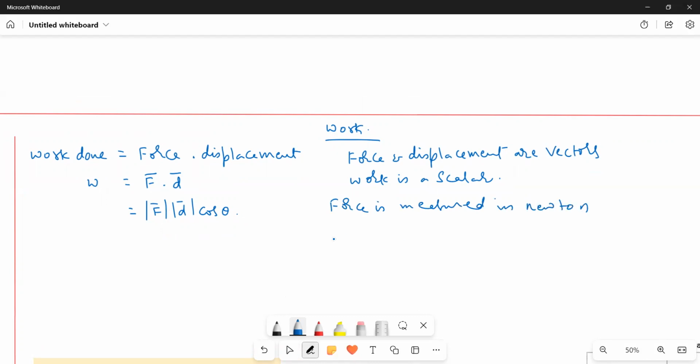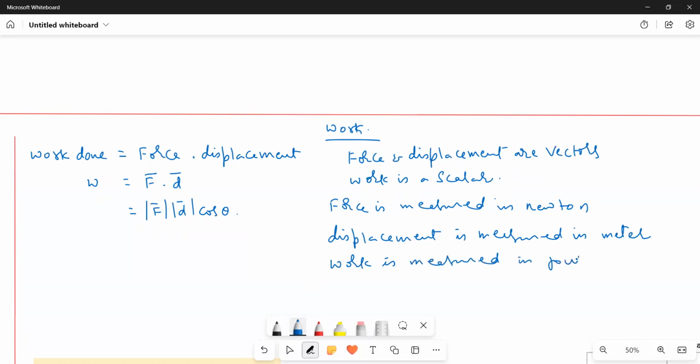Displacement is measured in meters, and work is measured in joules. Therefore, 1 joule is equal to 1 newton times meter.